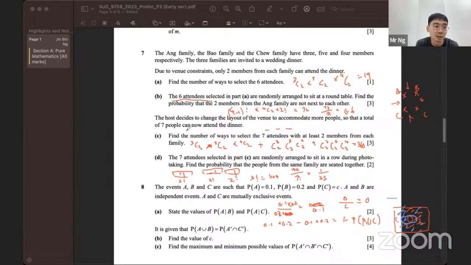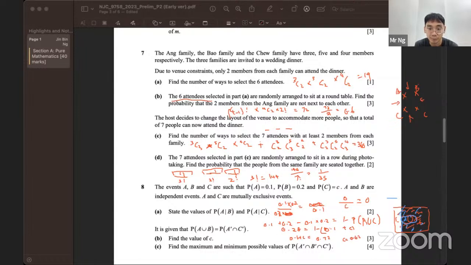So it's 1 minus this thing. Because the intersection of A and C is 0 as they are mutually exclusive, it's 0.28, equals to 1 minus the probability of A plus the probability of C. 0.62.